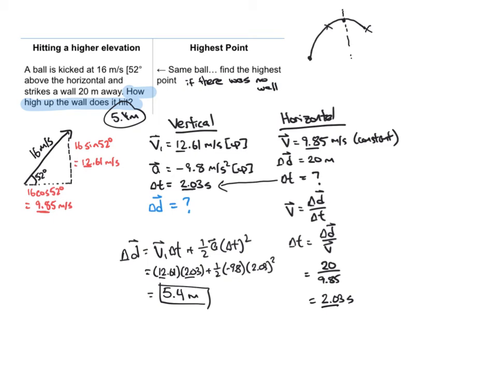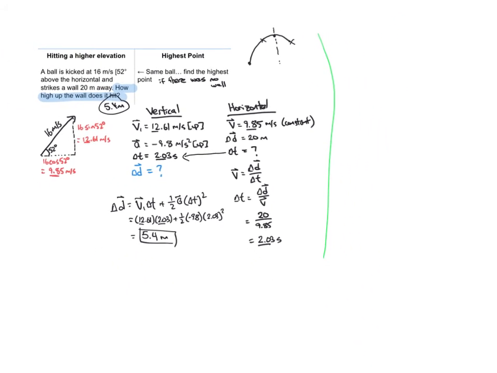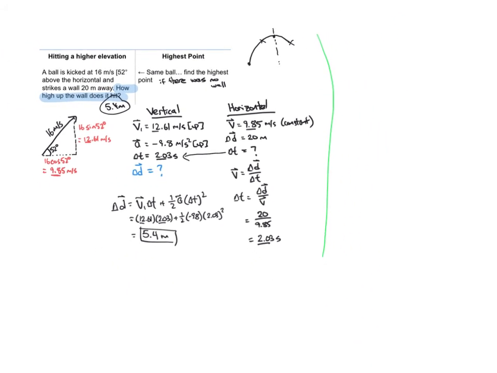I'll just start a separate section here. I'm looking vertically, and vertically, just going to copy some of these values down first. I'm not copying down the time though, because that time I calculated, that was for the time it hits the wall.